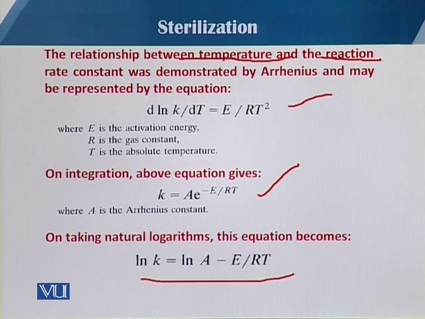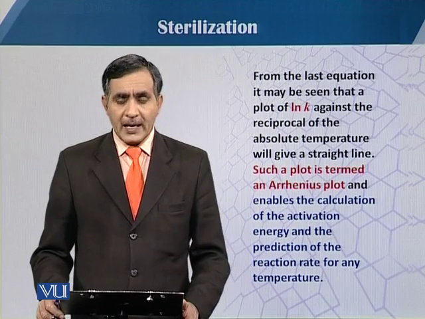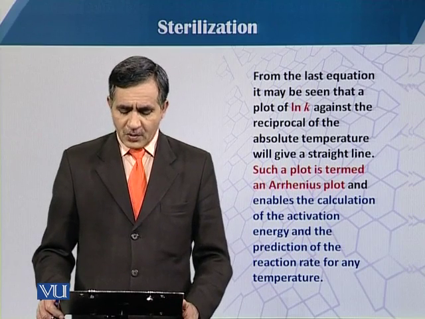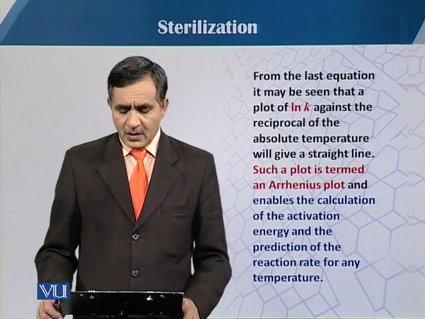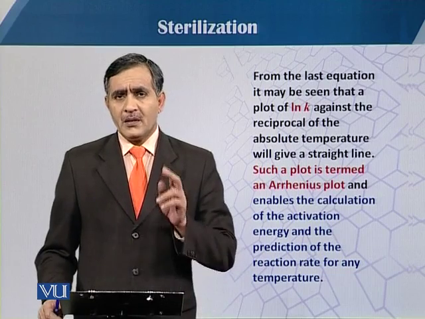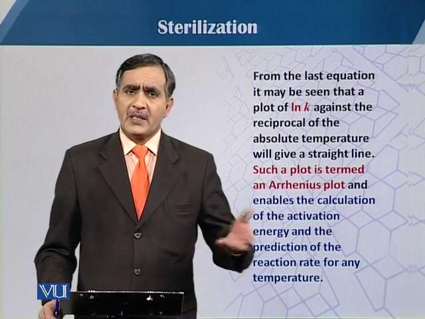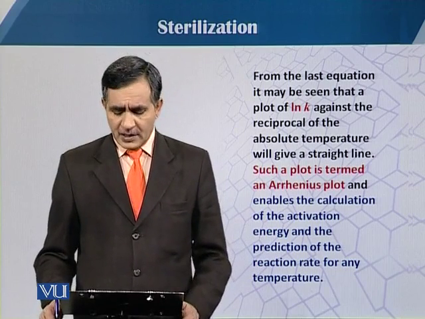If we plot the graph between these two, it may be seen that the plot of ln K against the reciprocal of the absolute temperature will give a straight line. Such a plot between the reciprocal of the temperature and the natural logarithm of the rate constant is known as the Arrhenius plot.